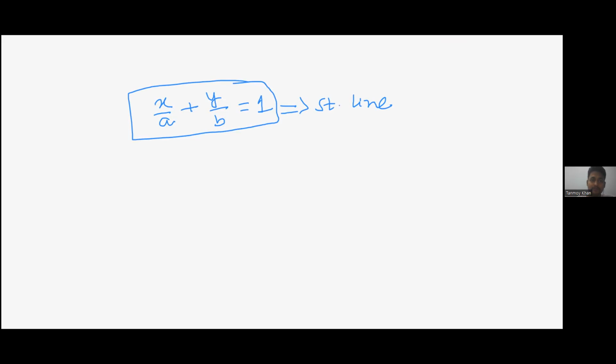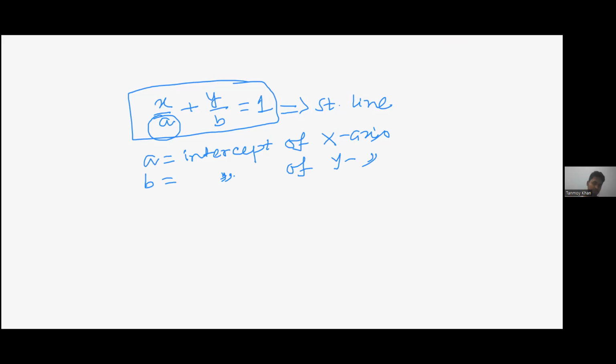At the same time, this a will be the intercept of the x-axis, right? And b will be the intercept of the y-axis, right?